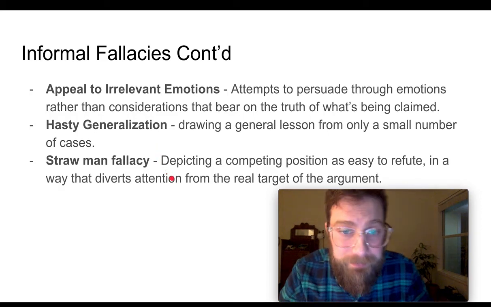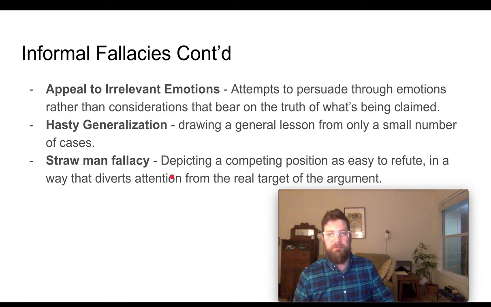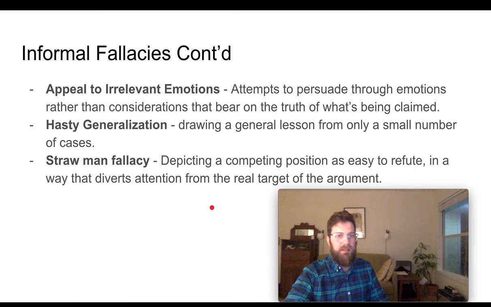Here's a last one, the straw man fallacy. So oftentimes when we're doing philosophy, we have to compare our view with somebody else's competing view. But what you've got to avoid doing is depicting your opponent's position in a way that's super easy to refute, and in a way that diverts attention from the real target of the argument.